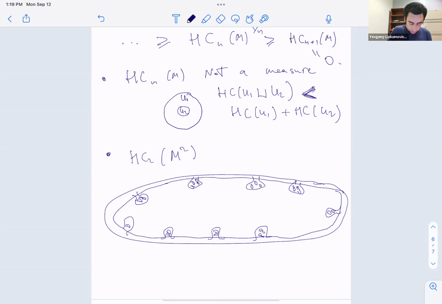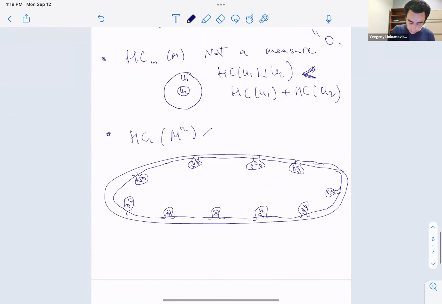But the two-dimensional Hausdorff content will continue to be small. So in this case, the two-dimensional Hausdorff content is much smaller than the two-dimensional volume of our surface. Even though the area is very large, this object still looks sort of one-dimensional from far away.